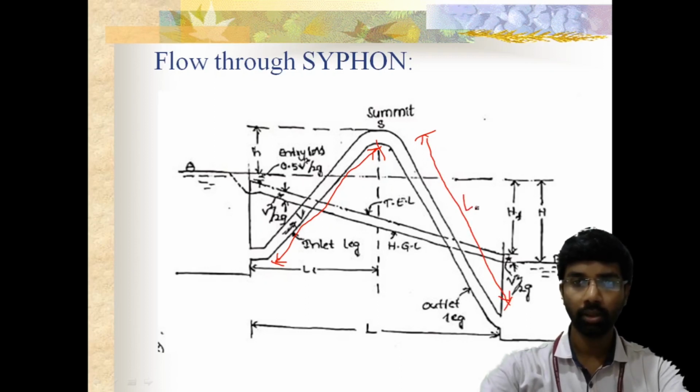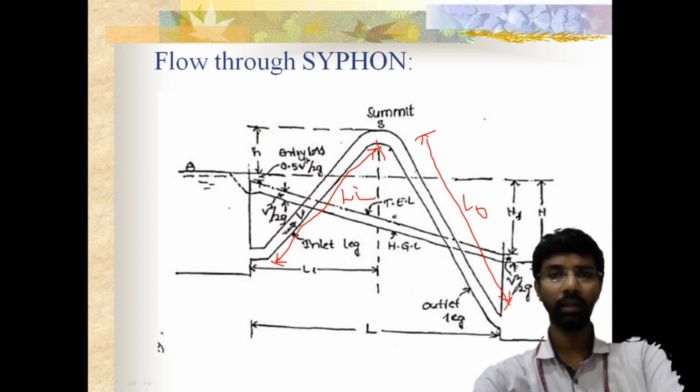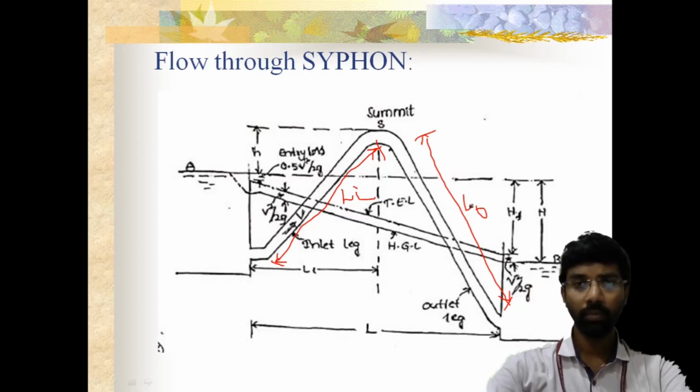While drawing this HGL and TEL, generally they will consider the projected length of this siphon, nothing but it will be the same as a single pipeline that is connecting these 2 points. The pipe will be considered as a normal pipe, not as a siphon.